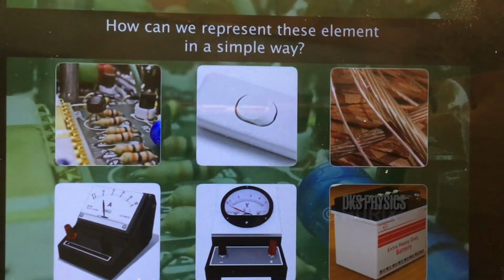So far, we have seen several different electrical components, namely conductor, key or switch, resistor, battery, etc. How can we represent these elements in a simple way?